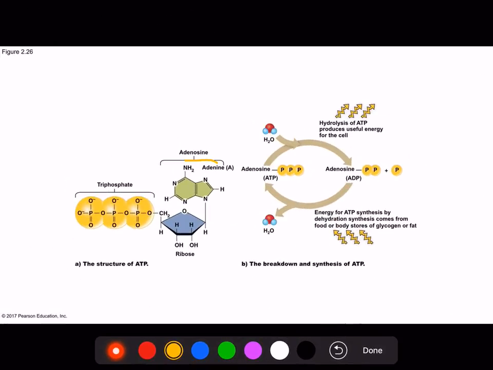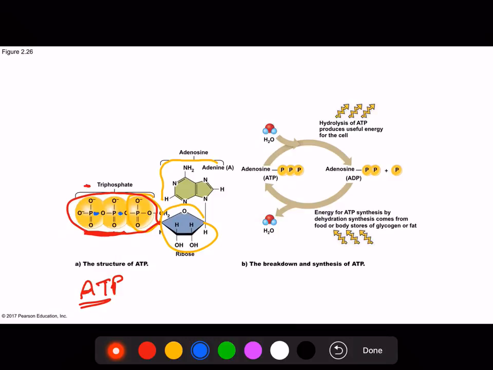This is the adenosine, this is the adenine, ribose with the phosphate group. Now, for this adenosine, we will add 2 phosphate groups, so we will have 3 phosphate groups, and that's the triphosphate. Okay, so it is adenosine triphosphate. This is the ATP.